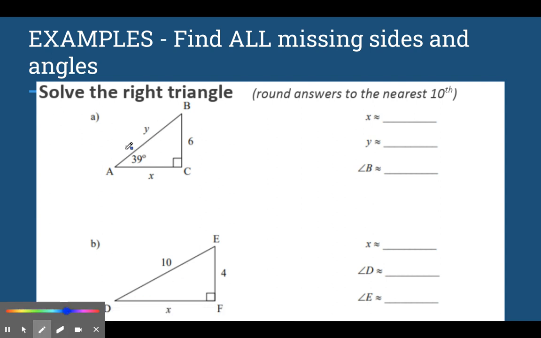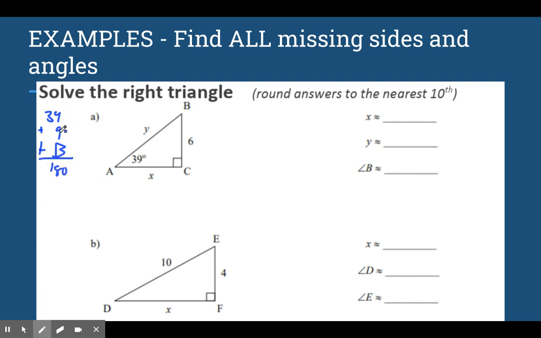All right, in this first example, we are given the 90-degree angle and we're given this angle, which means we can easily find this angle by using the triangle sum theorem. Triangle sum theorem means all three angles have to add up to 180, which means that 39 plus 90 plus this missing angle B has to add up to give you 180.